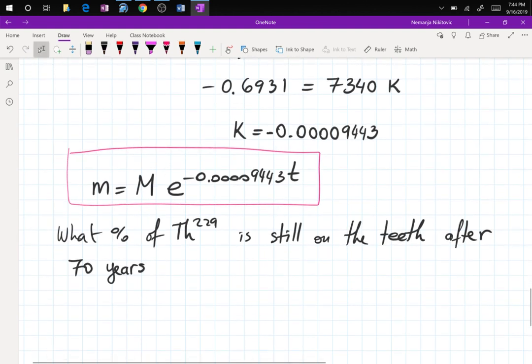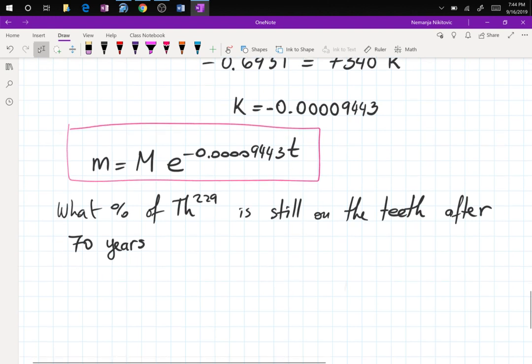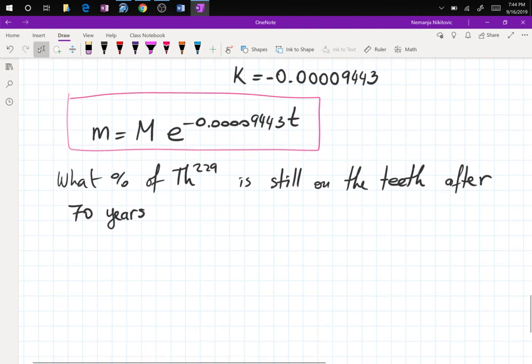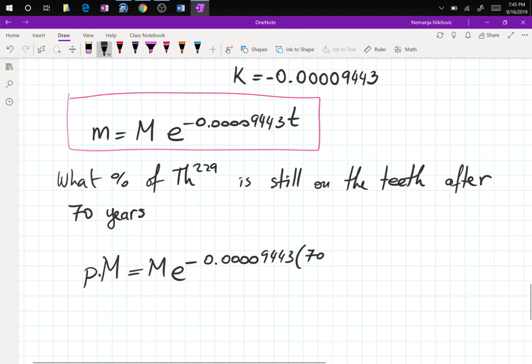All right. So what are we going to do? Well, I'm going to say that, see, it says what percent of the initial mass, right? So what percent, in like a percent P, of initial mass m is there after all this time, 9443 times 70 years up there.